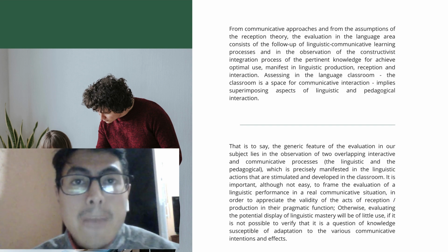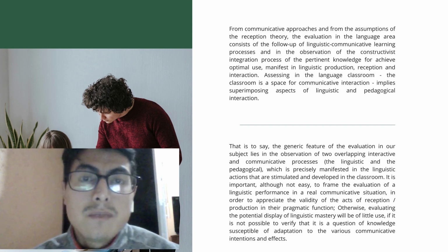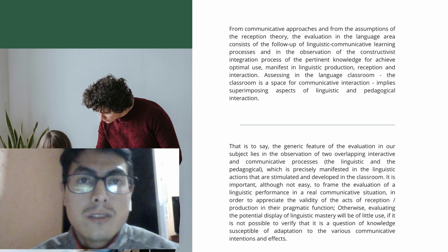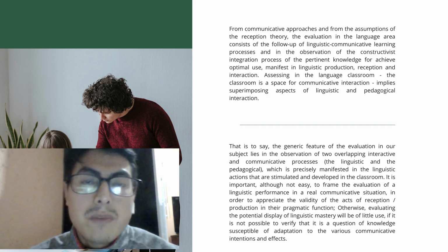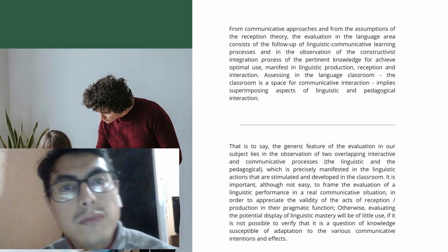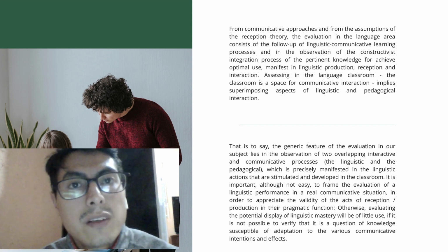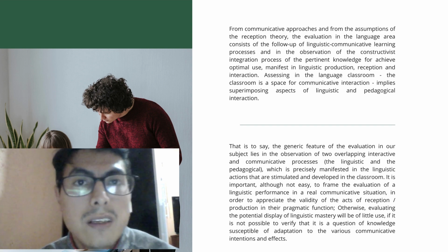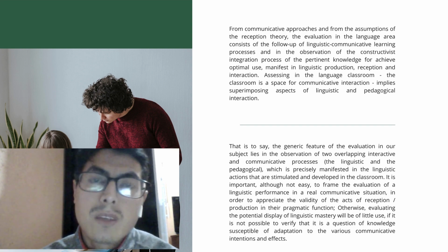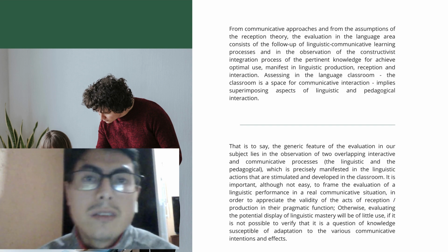classroom. It is important, although it is not easy, to find the evaluation of linguistic performance in a real community situation, in order to appreciate the validity of the facts of reception and production.